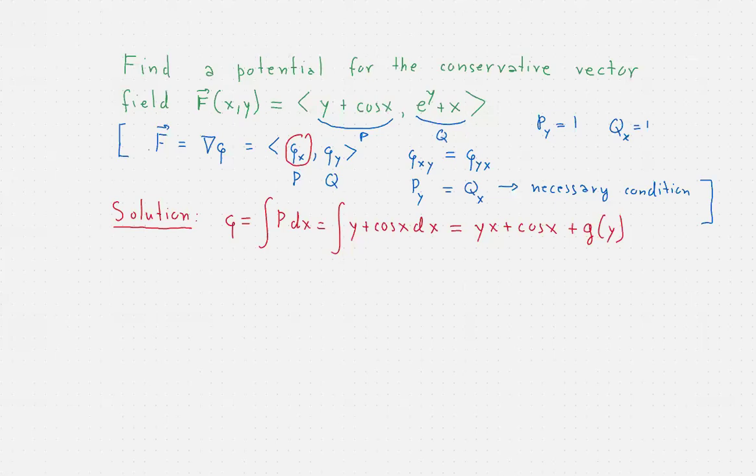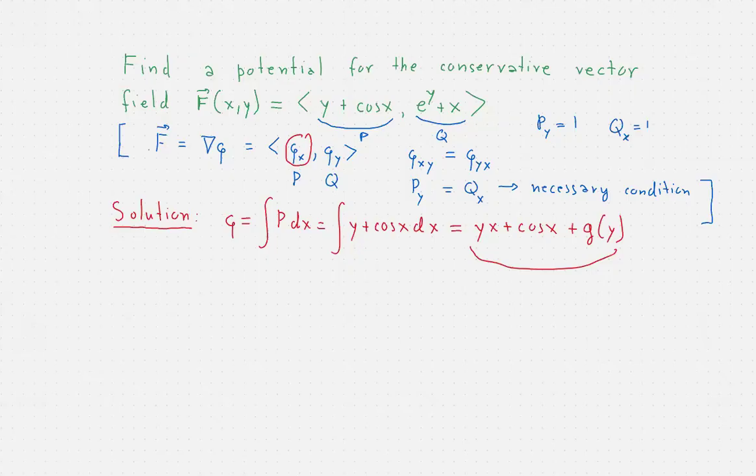But it's not just that. It's also the fact that this g of y gives us some flexibility in our choice so that we can ensure that what we found also happens to have partial derivative with respect to y equal to the other component Q. Because by the process that we just did, it is ensured that what is found has partial derivative with respect to x equal to the first component. But that's not all we want.